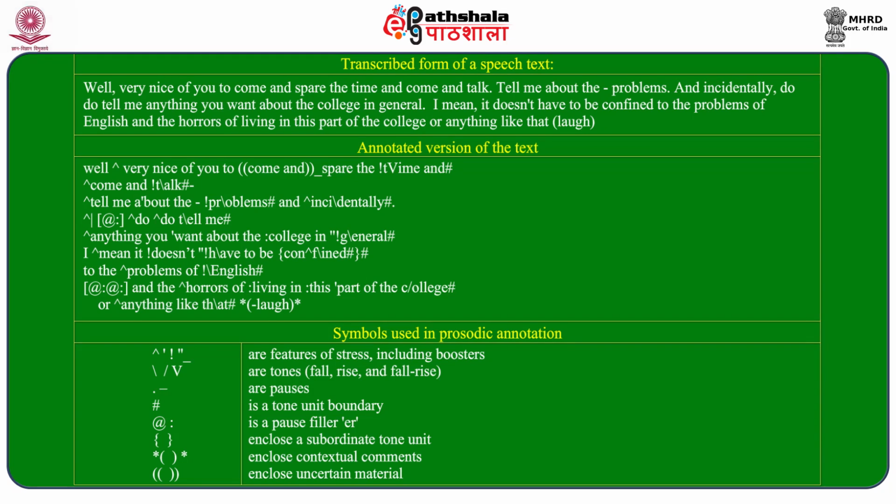So this talks about the representation of sound elements, or properties of speech, in written versions. Prosodic annotation tries to capture all the properties of speech which have been normally observed in normal discourse or dialogic interactions.